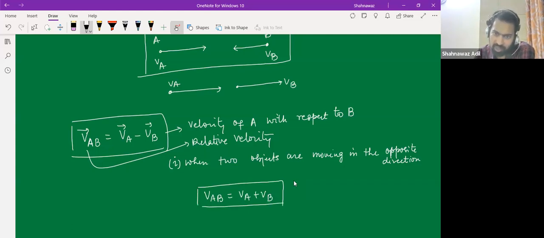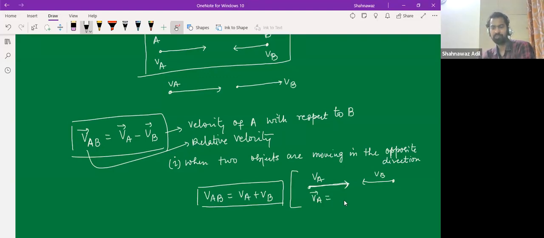Right. And how can we understand this? So let's say that this is V_A, and let's say this is V_B. Right. So how can I write V_A in the vector form? Let's see whether you guys remember vectors or not.